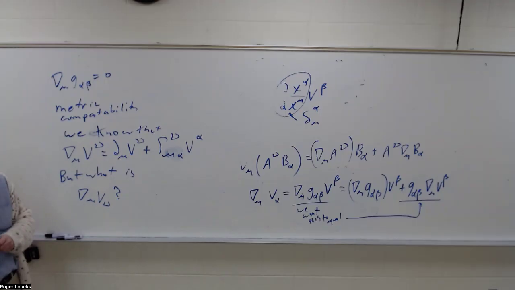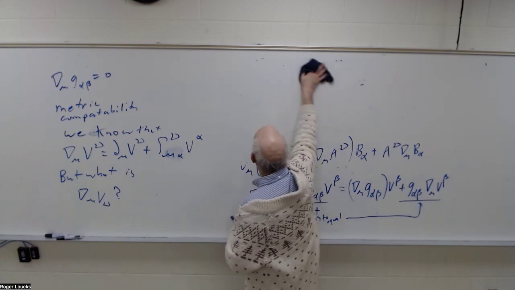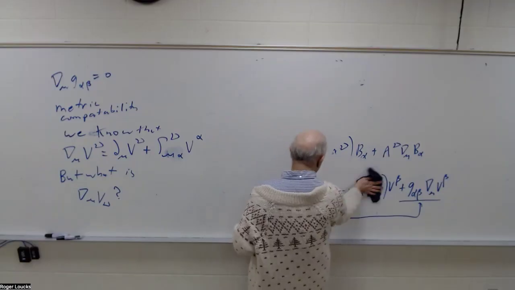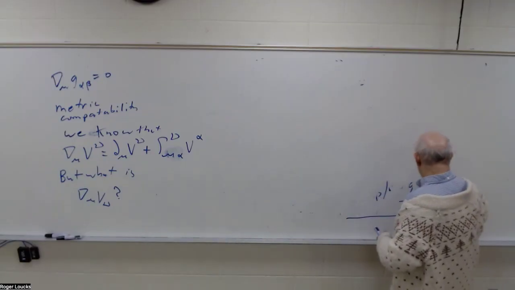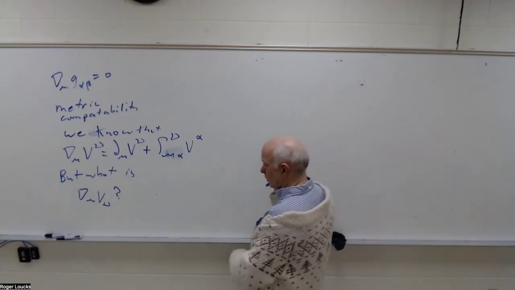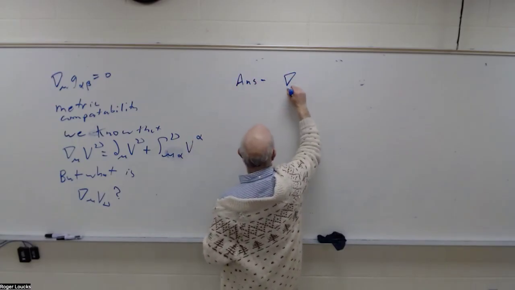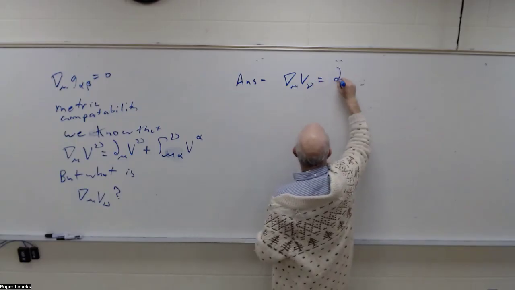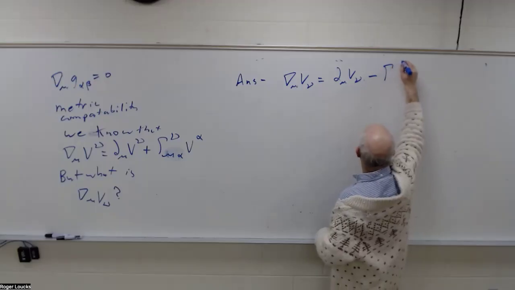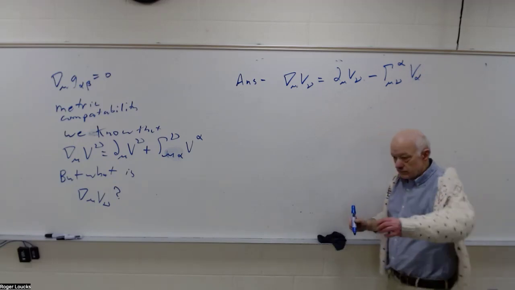I'm going to give you what the answer is, then I'm going to prove it. The answer is going to be this guy here. You lose this. And then minus, we're going to have alpha here, and then there, and b alpha there.